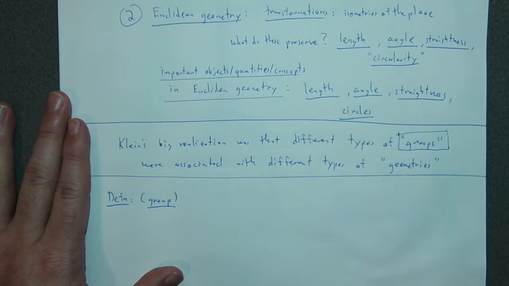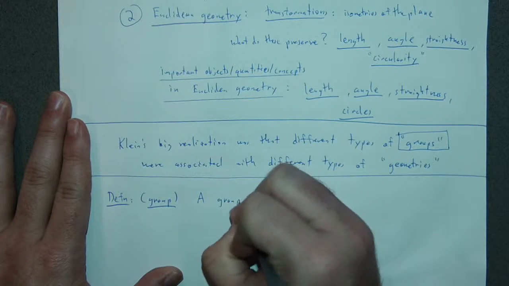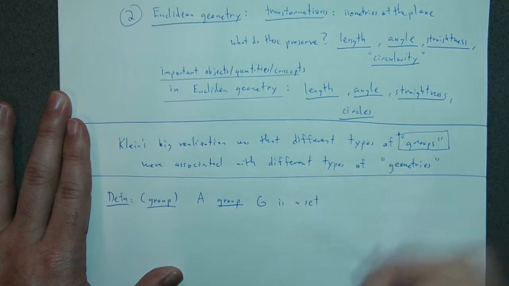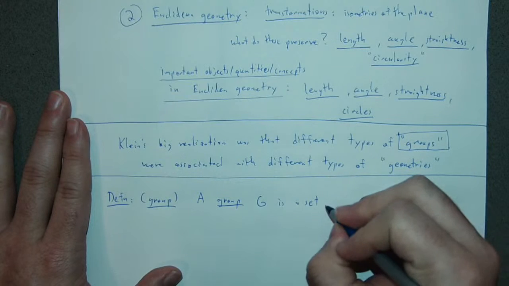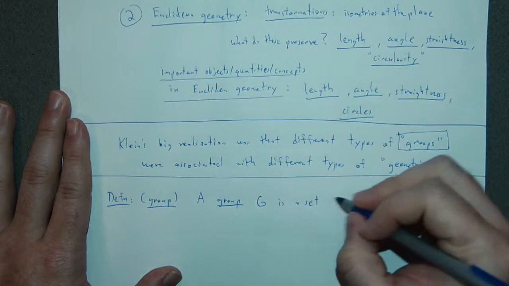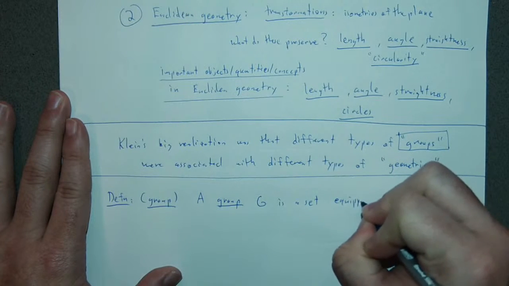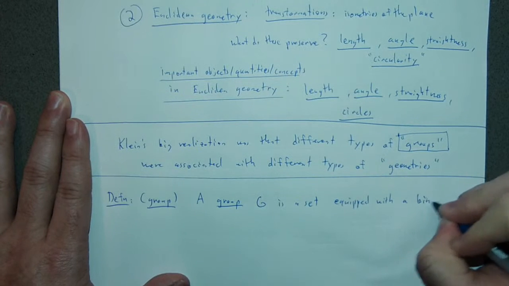So what is a group? A group G is a set. We'll say that it's non-empty. I'm not going to even write that, but it's a non-empty set G equipped with a binary operation.